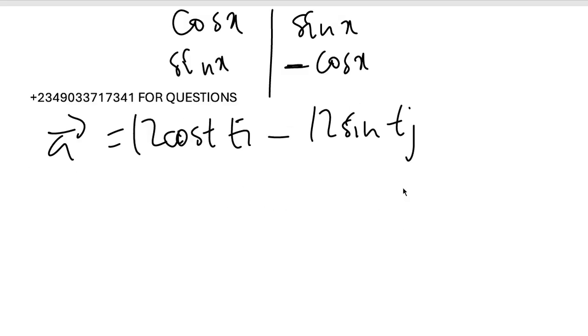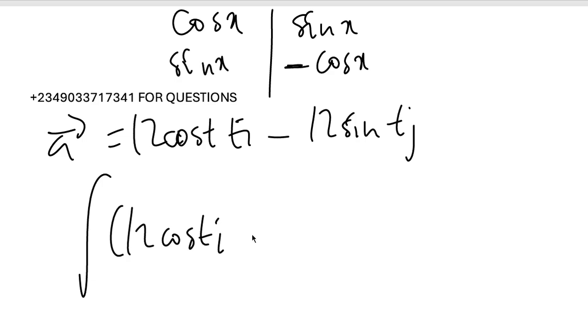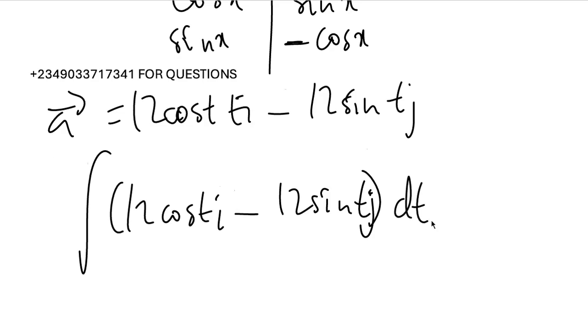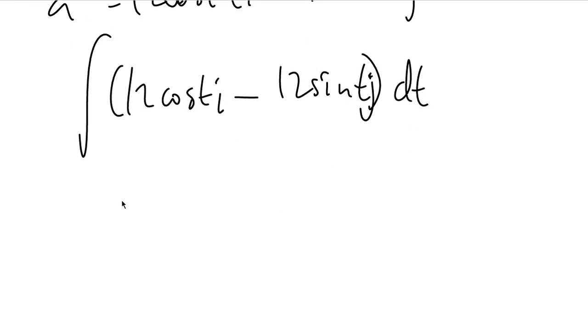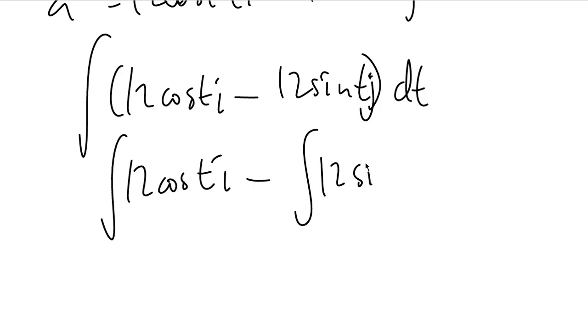So we now have to integrate this with respect to what? That's dt. So we can now split it as the integral of 12 cos t i, negative the integral of 12 sine t j, each of them bearing a dt. Are you following that? Nice.